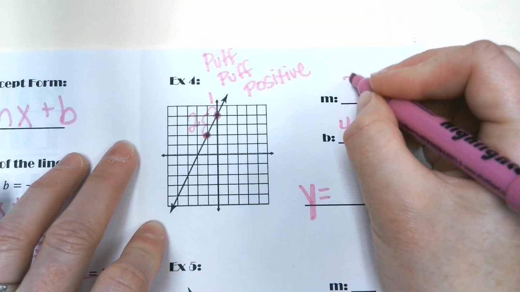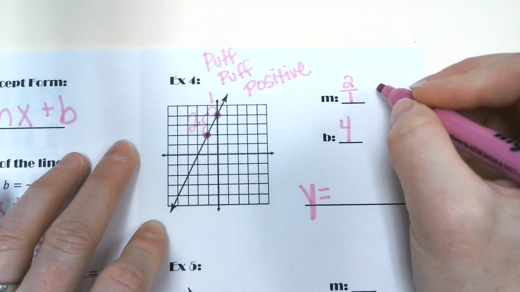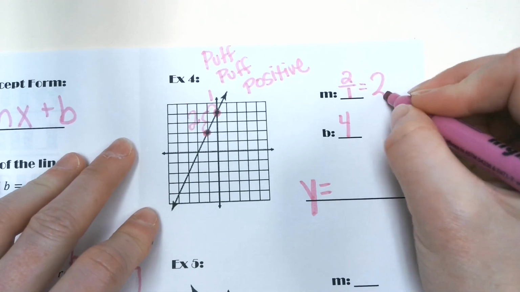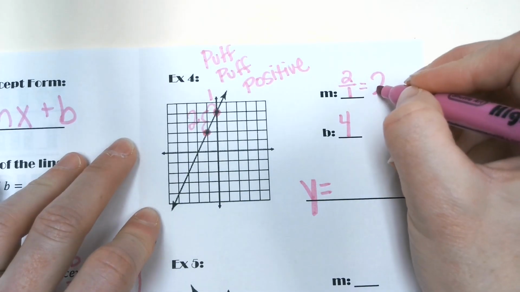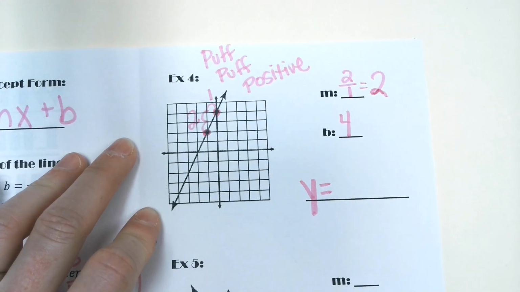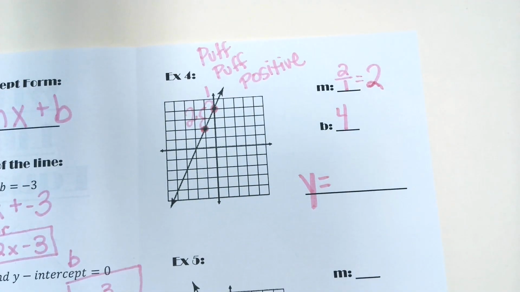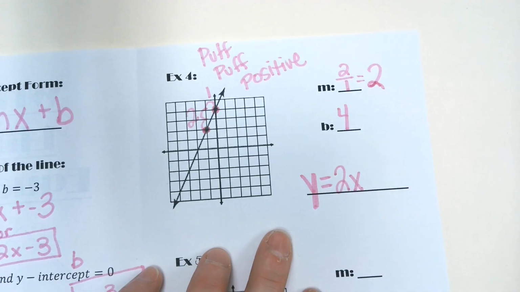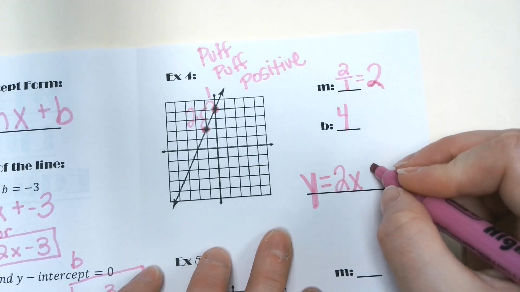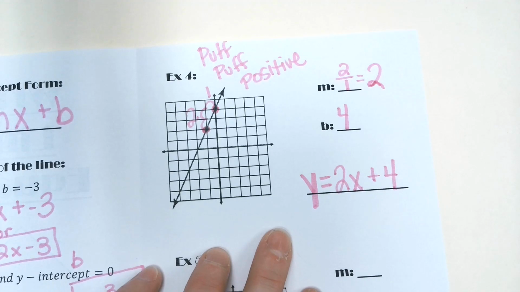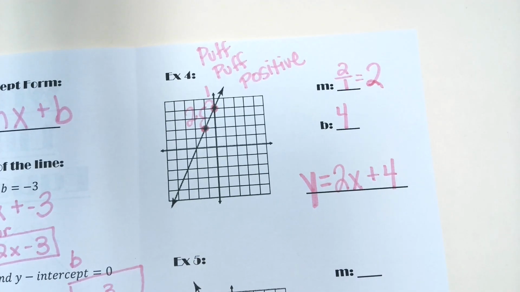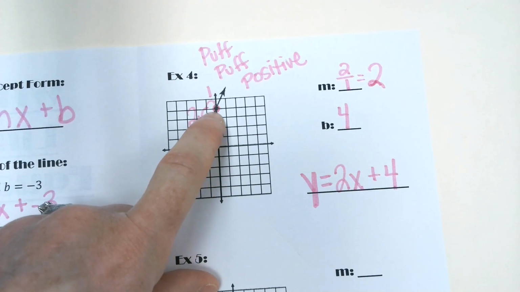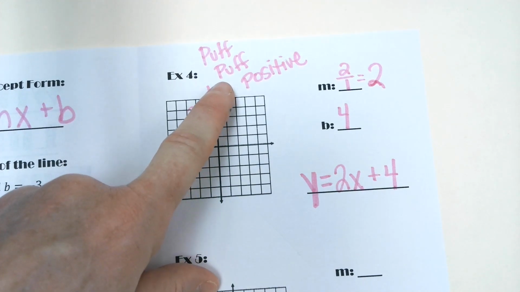So my slope would be 2 over 1, which, simplify that, 2 over 1 is just 2. Now write your equation, y equals 2x, because it's mx plus b, plus 4. Positive slope, so we're good there. So it starts at 4, and then you do a rise of 2, a run of 1.